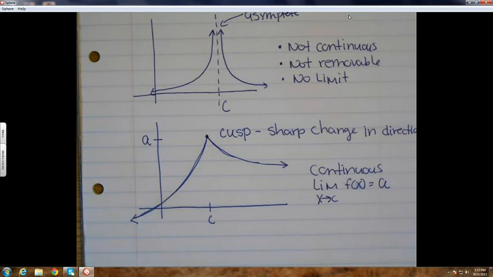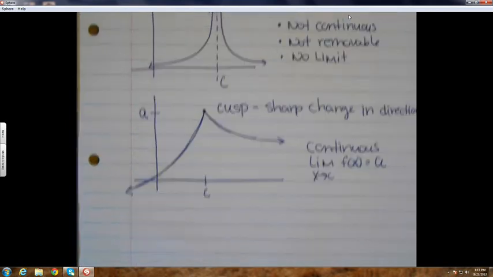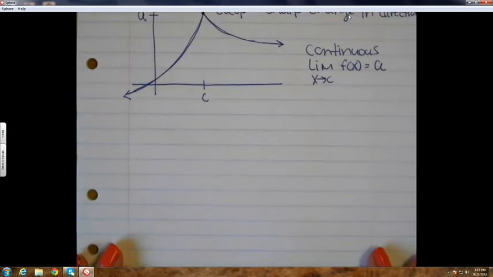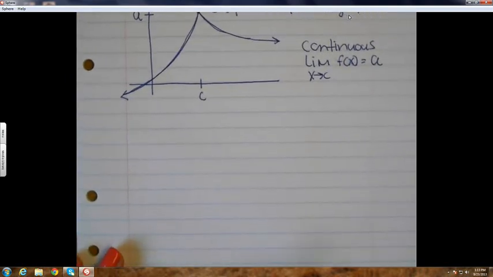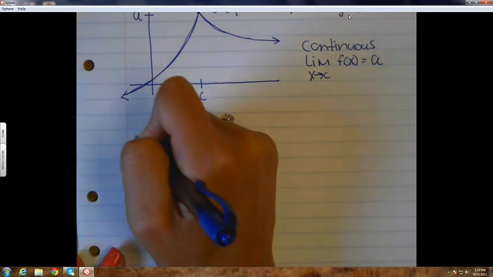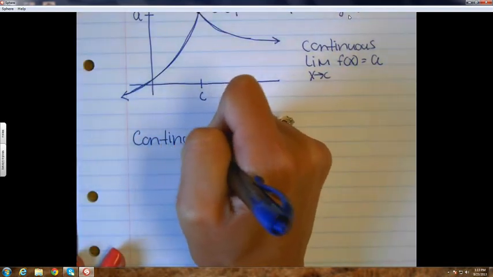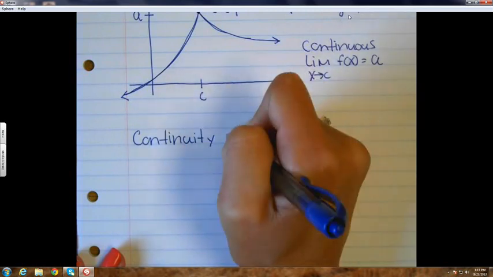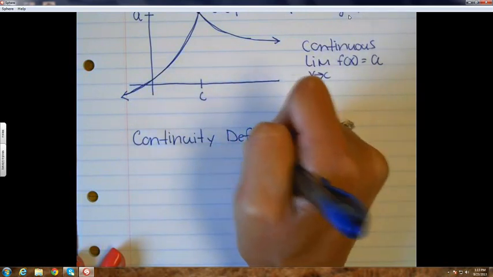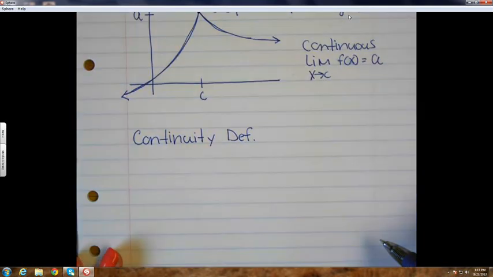So, we talked a lot about continuous and discontinuities. Now we want the calculus definition of continuity. So, the calculus continuity definition. So we don't get to continue on with that junior high, draw it without picking up your pencil definition.